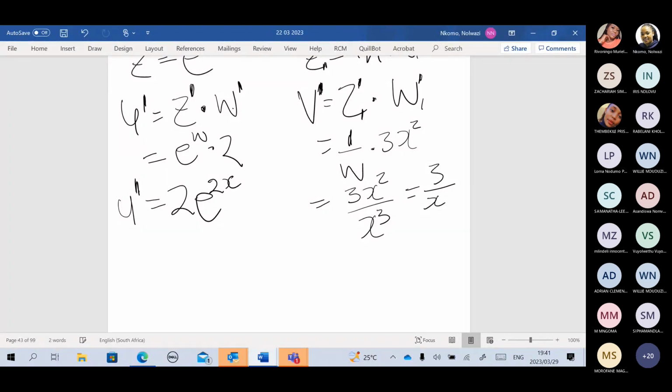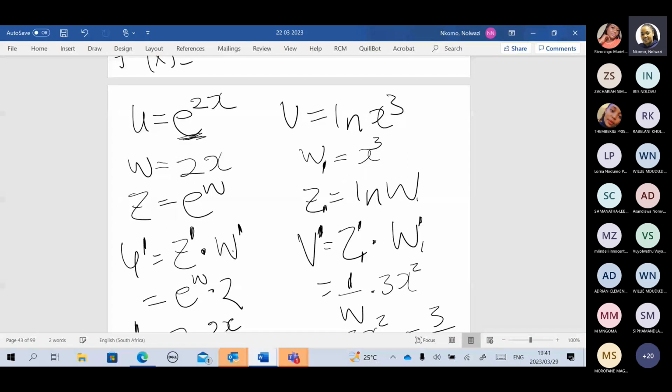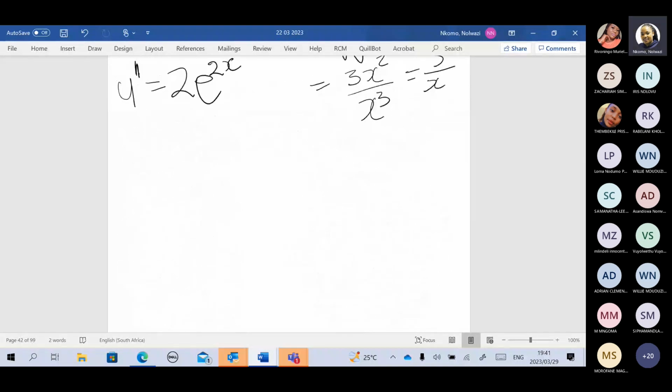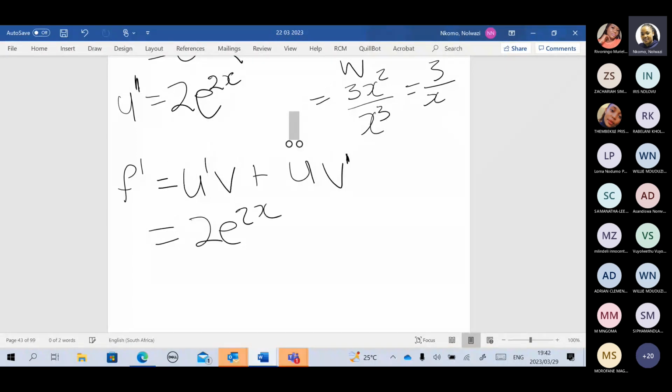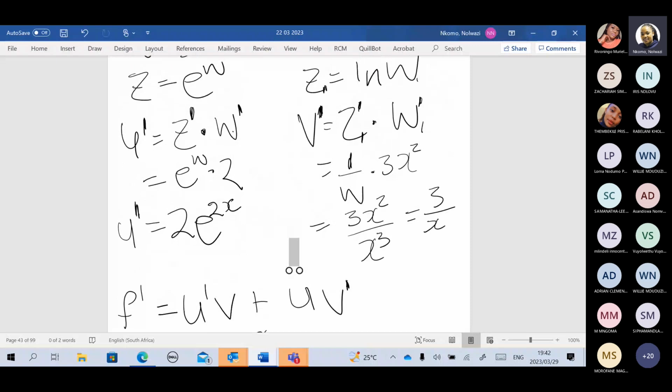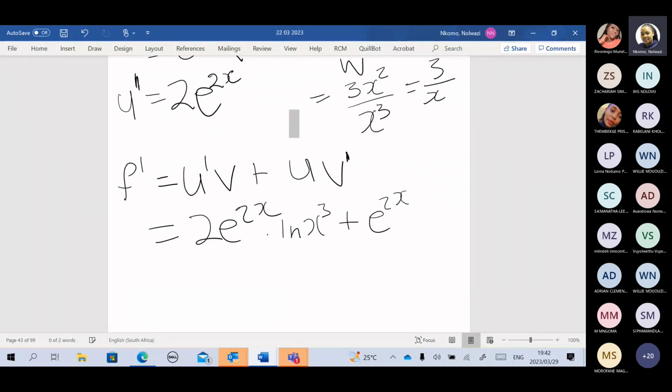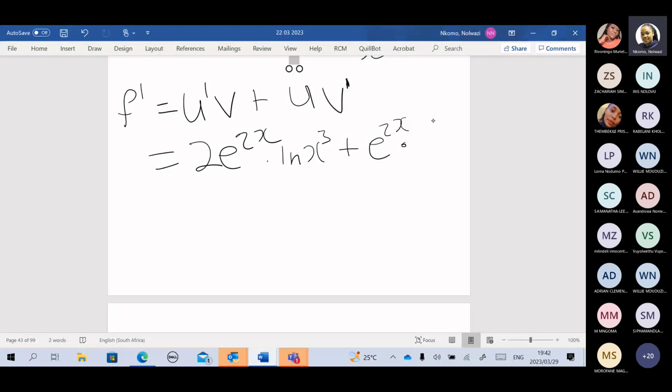Then we go back here. We had u and v. f prime would be u prime v plus u v prime. u prime is 2e to the power 2x, times v, which is ln x cubed, plus u, which is e to the power 2x, times v prime, which is 3 over x.